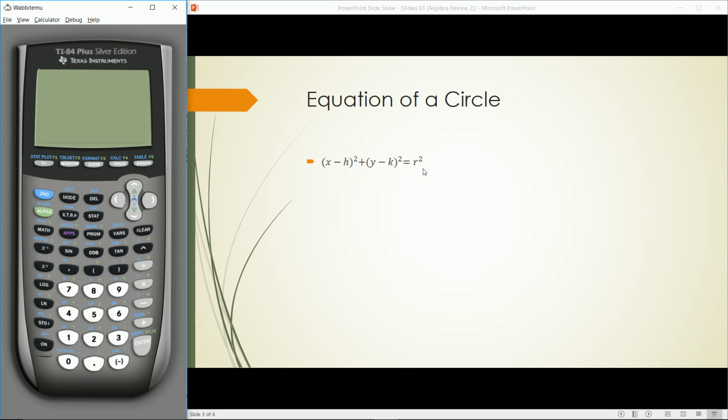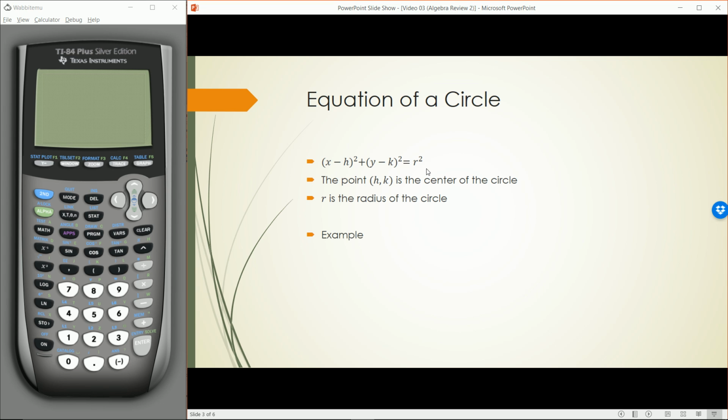So what this gives you is the center of the circle, which is at (h, k), and the radius of the circle, which is the r, not the r squared. All right. Now, if we look at an example, this is the equation of a circle with center at (-6, 3), and radius of 5, because 5 squared is 25.